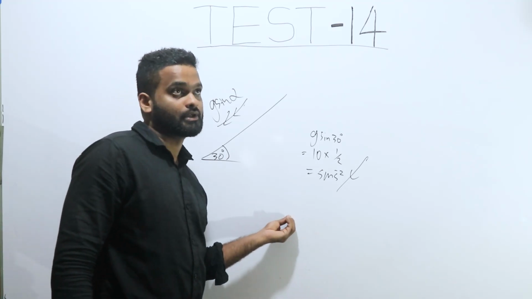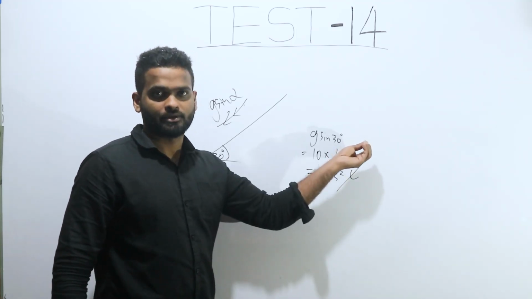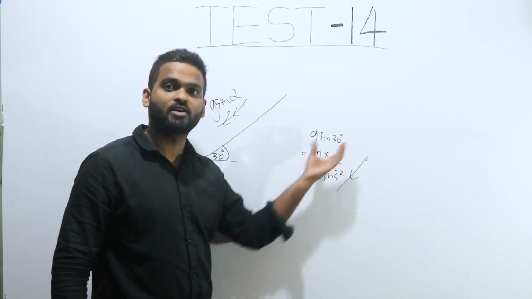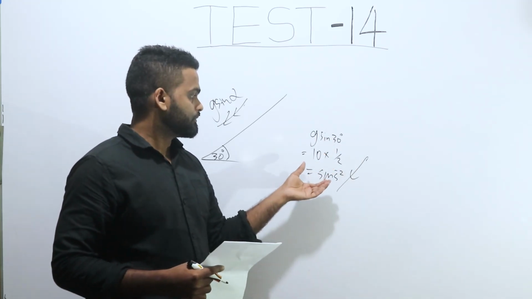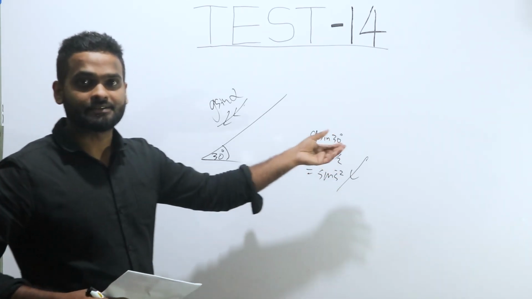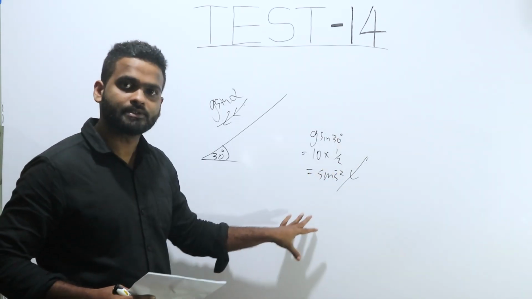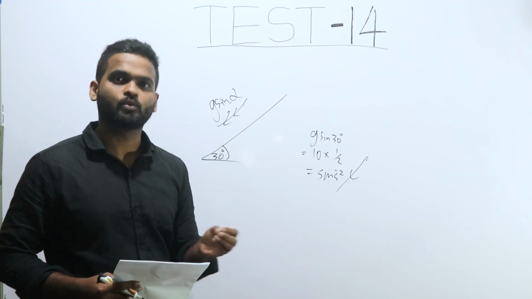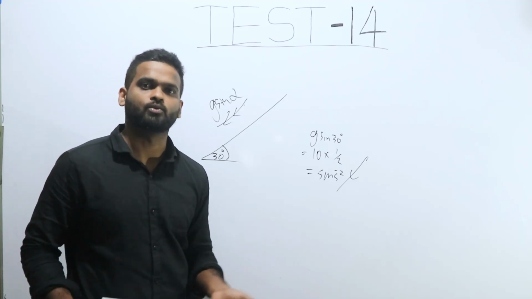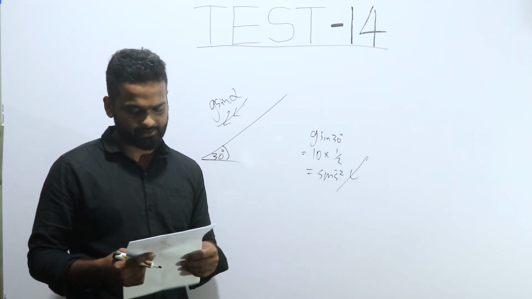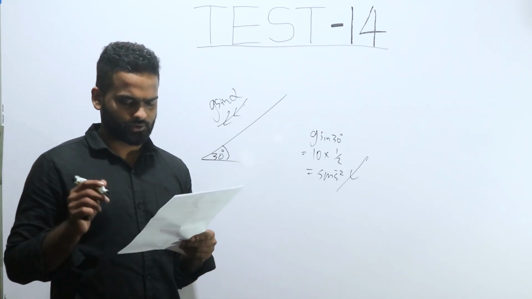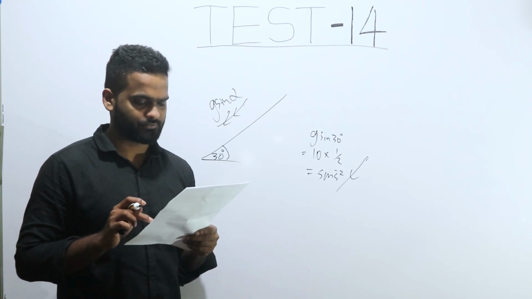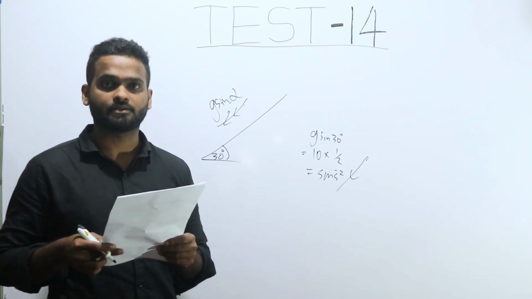But if you think about the upward direction, this is minus 5 meters per second squared. But since what they ask is acceleration downwards, that acceleration should be a positive value. So you can get 5 as the answer.